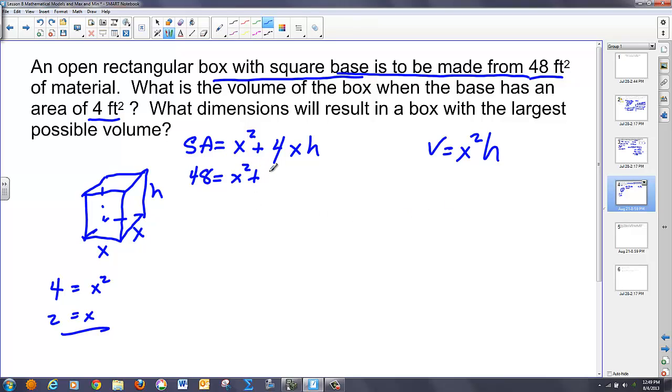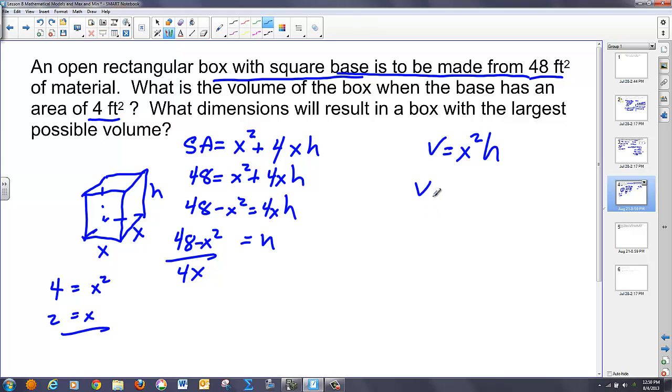So if I wanted to write a volume equation in terms of one variable, I can do that. All I have to do is solve for h. So I have 48 minus x squared equals 4xh, and if I want h by itself, h equals 48 minus x squared over 4x.